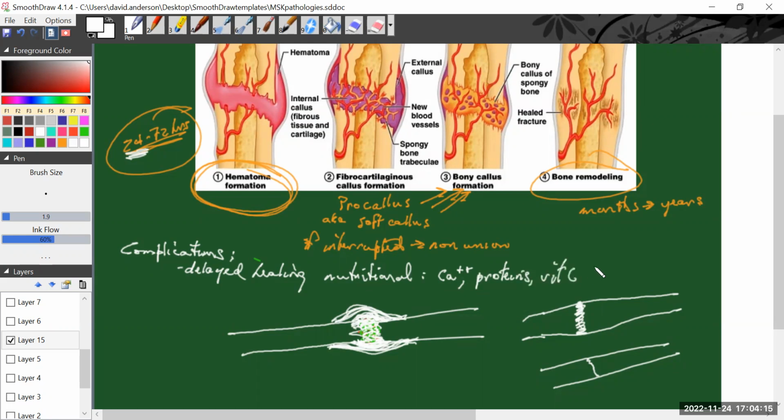Vitamin C in particular is really good for promoting bone metabolism and bone healing. So those sorts of things are important nutritional factors. Delayed healing could be if we went too early, for example, early weight bearing without a cast, because that might promote our non-union that we're talking about.